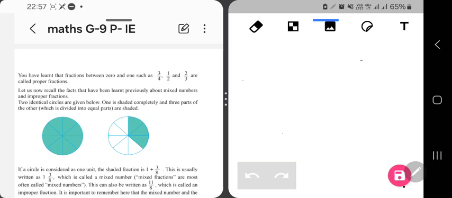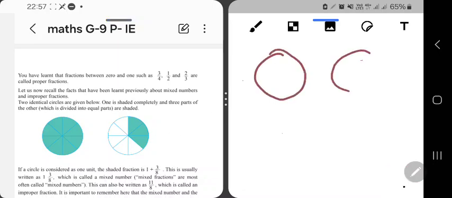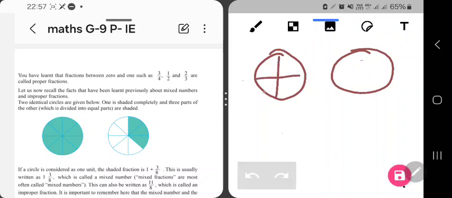Let's look at the 2 circles that you see on the left side. So there are how many sections? 1, 2. These sections, if I draw it this way, are divided like this.